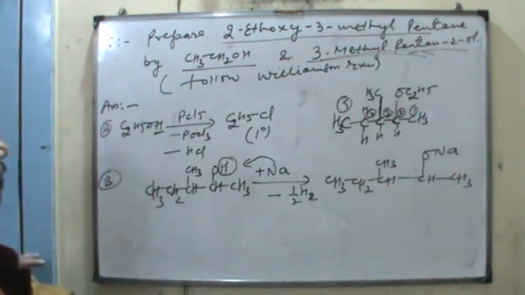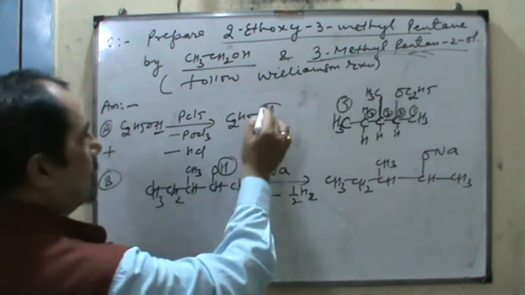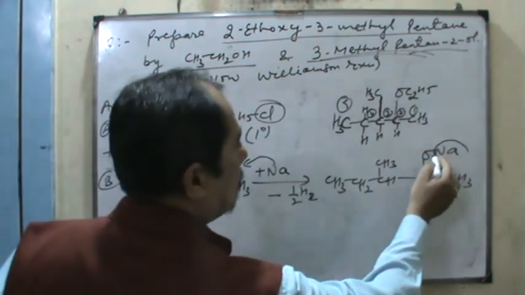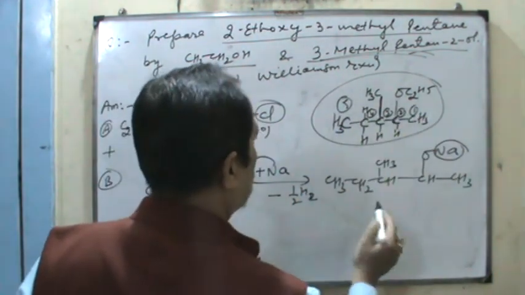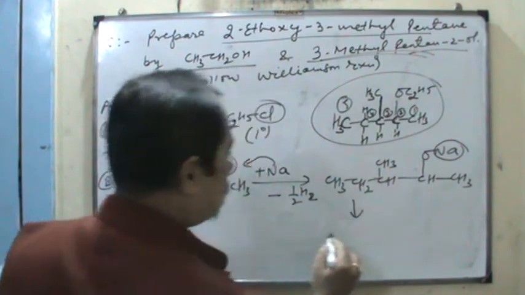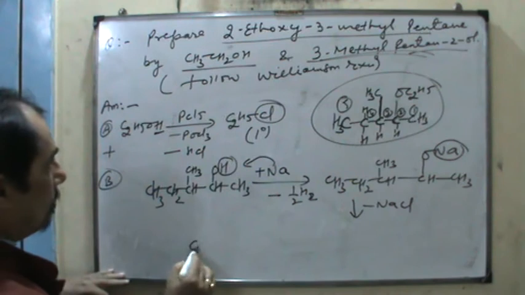Whatever products are formed, A plus B combine together. Here is the Cl and here is the Na. When Na and Cl are lost as NaCl, what is formed?